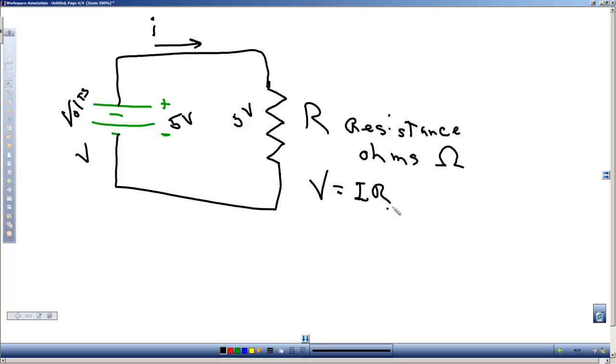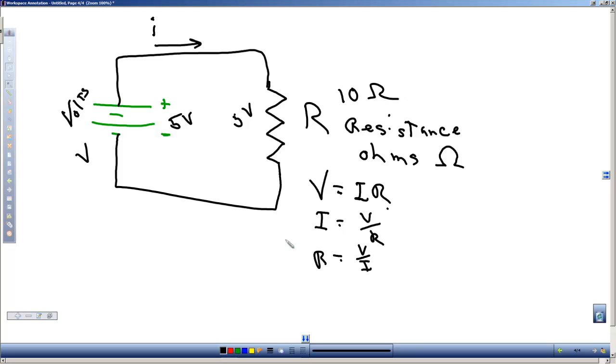Now, we can play algebra on it and solve for anything we want. If we need the current, it's the voltage over the resistance. And if we needed the resistance, that would be the voltage over the current. In this case, we know that the voltage is 5 volts, and let me give you a resistance. Let's say the resistance is 10 ohms.